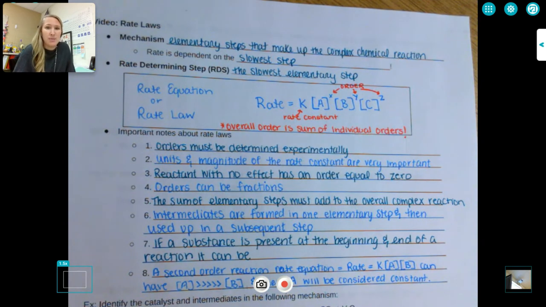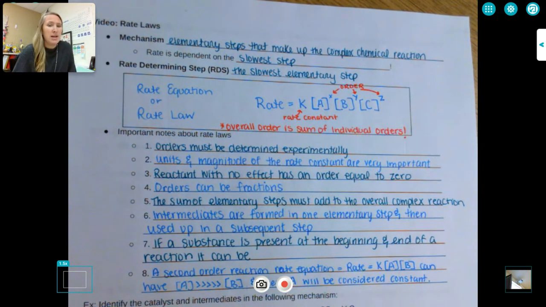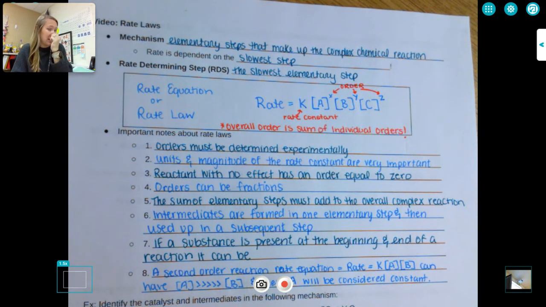So a mechanism, which we've talked about briefly, is an elementary step that makes up the complex chemical reaction. And we looked at those with potential energy diagrams. And we said that each elementary step has a potential energy diagram associated with it. And we can look at our reactants, our transition, our activated complex in our transition state, and then we can get to our products.